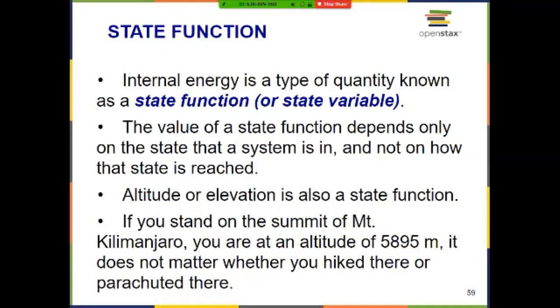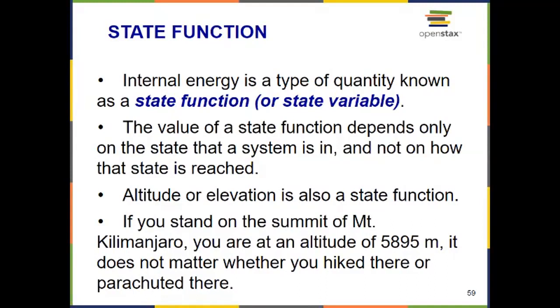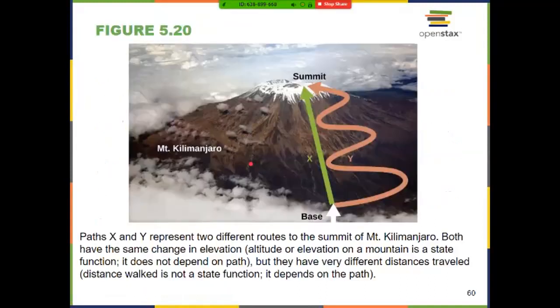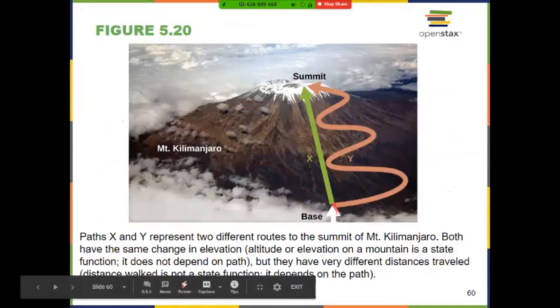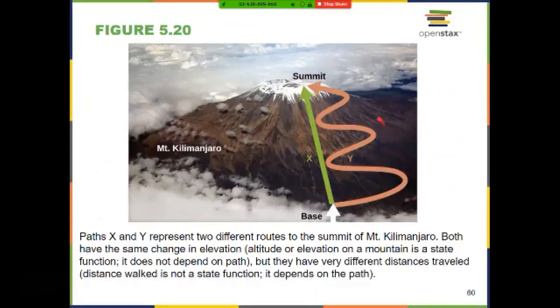And at the end of the day, if you're at the summit at 5895 meters, it doesn't matter if you hiked to the top, you parachuted out of an airplane to get to the top, you rode on the back of a Sherpa to get to the top, or you hop, skip, jump, rollerbladed to the top. It doesn't matter how you got there. At the end of the day, your final elevation is a state function. It doesn't matter if you went hiking, went straight to the top, or took a twisty, topsy-turvy route to get there, you're still at the same final elevation. That's what a state function is.